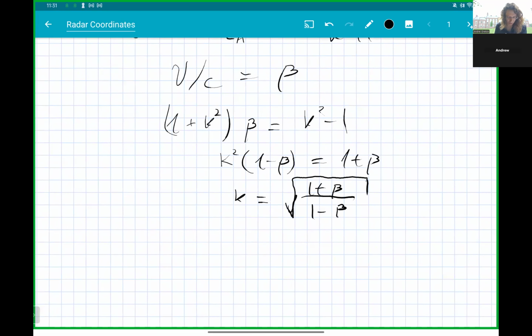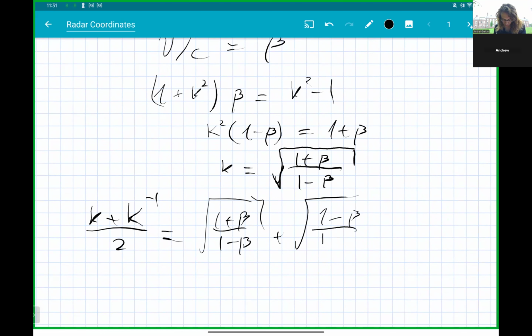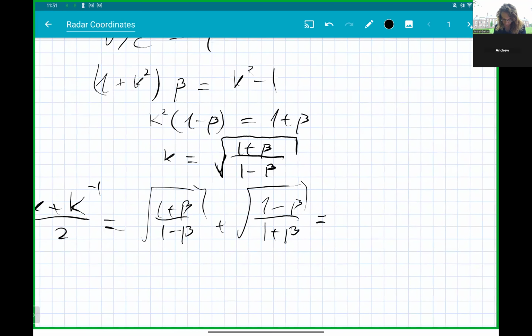It is not that hard to show that this is equal to 1 plus beta over the square root of 1 minus beta squared, which is equal to gamma.